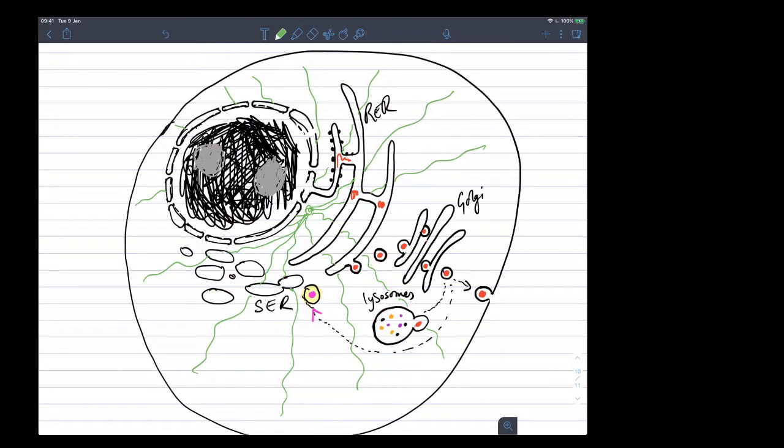And by regulating whether they are in their soluble phase or their filament phase, the cell can control the synthesis of these structures. Okay, right, so we've had lysosomes.